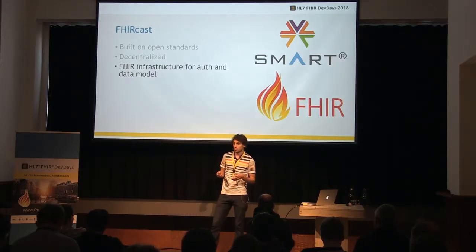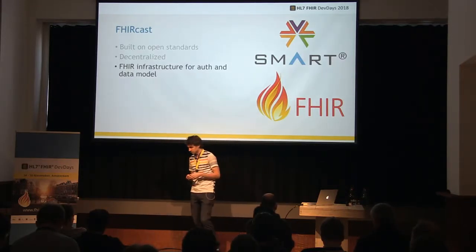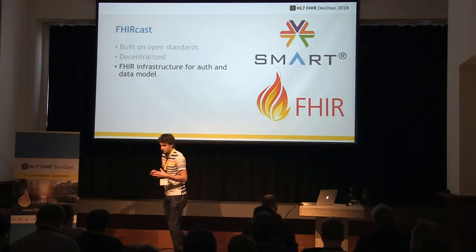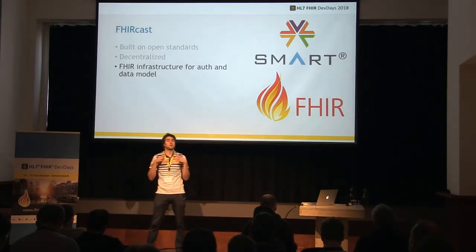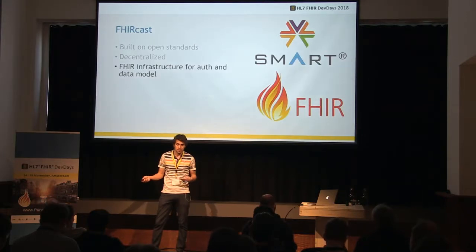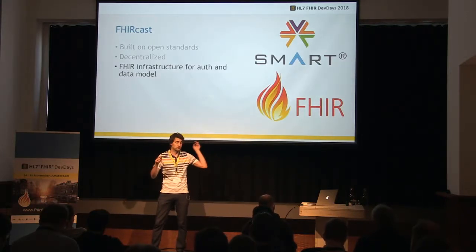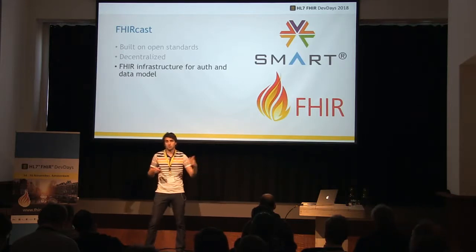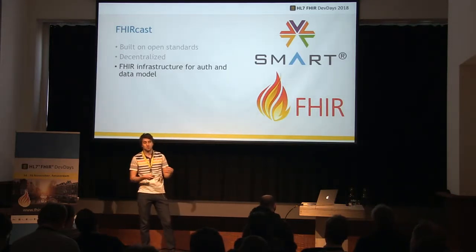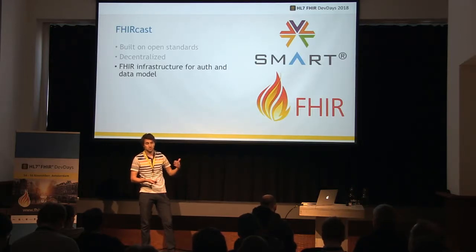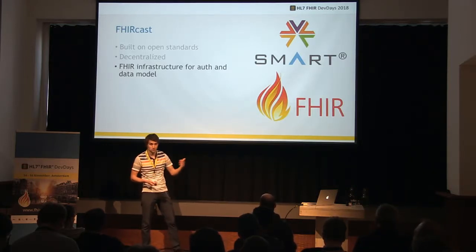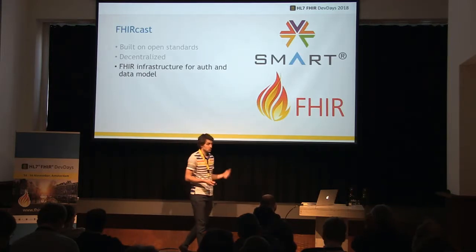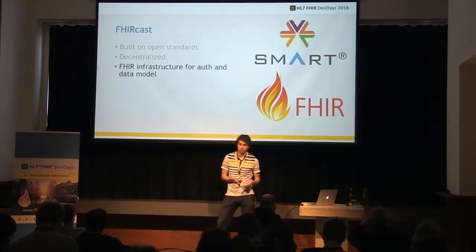And also, you want to be able to do this in a secure manner, especially when you're not on the same computer anymore. You want to be able to securely say that I want to change this context, and I know that it's okay because I've already set up the trust between the parties. So for that, we're using Smart on FHIR, of course.